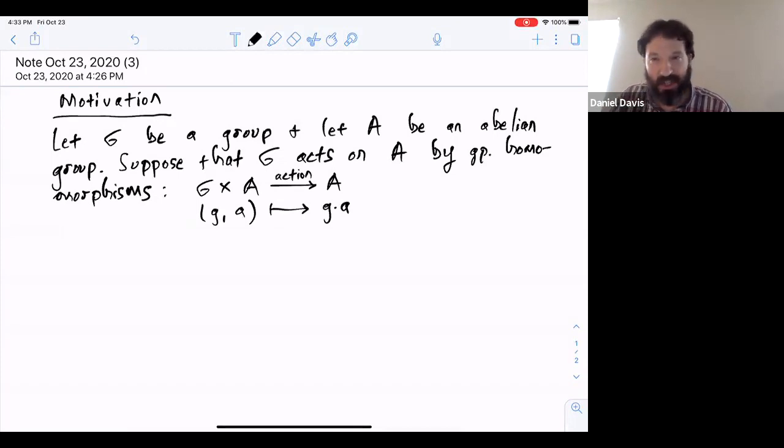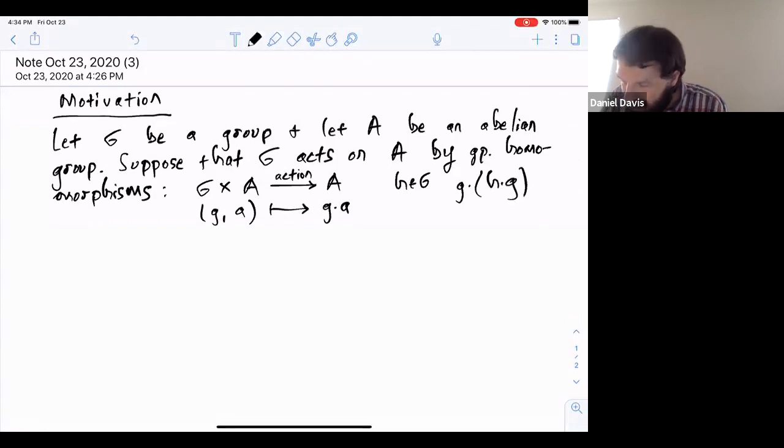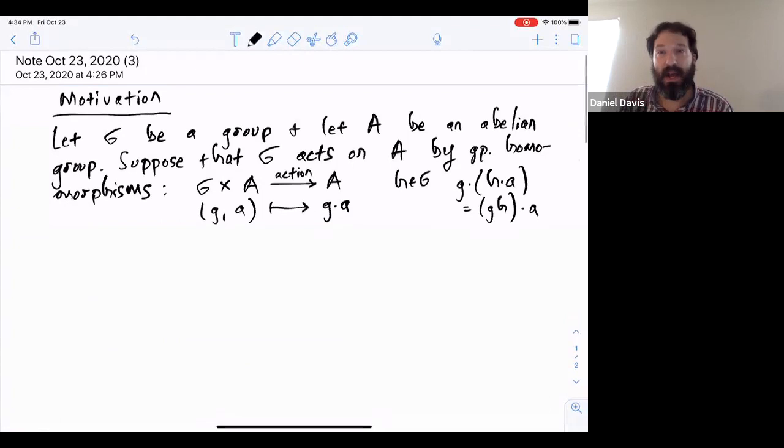And so just a quick reminder, for example, if h is an element of G, since this is a group action, the action of g on h dot a is the same thing as taking the product of g and h inside the group and letting that act on the element a.